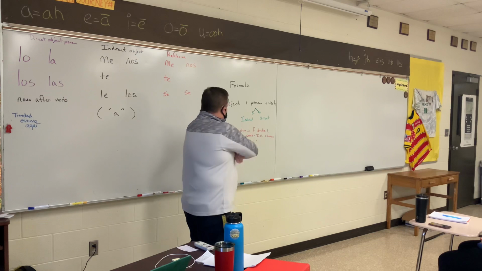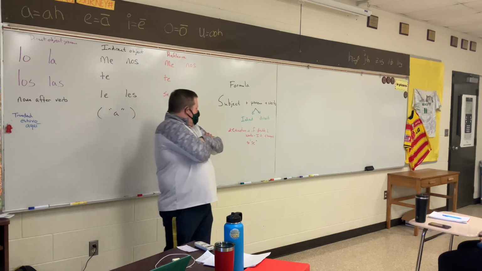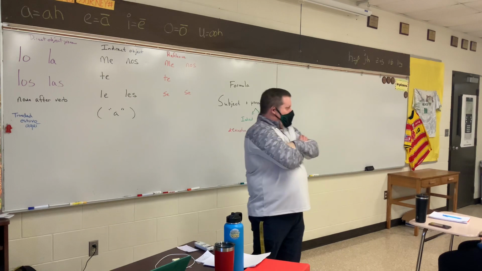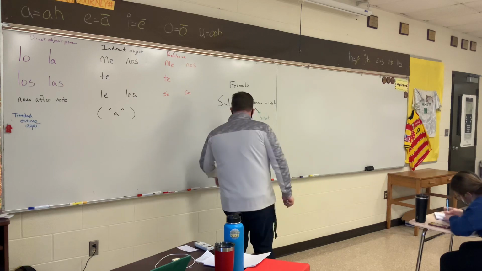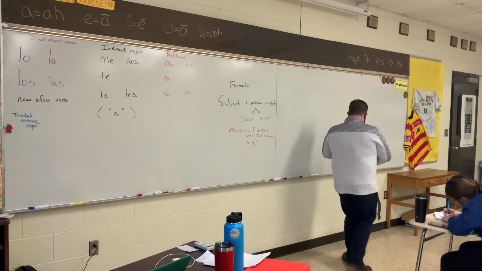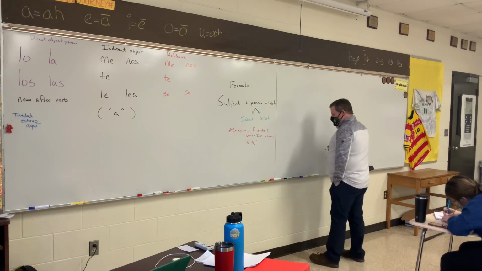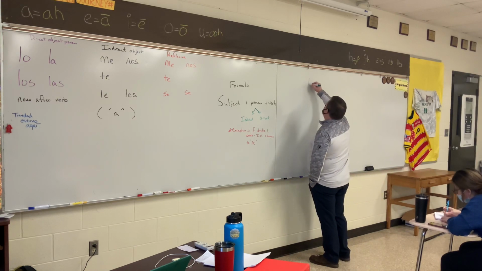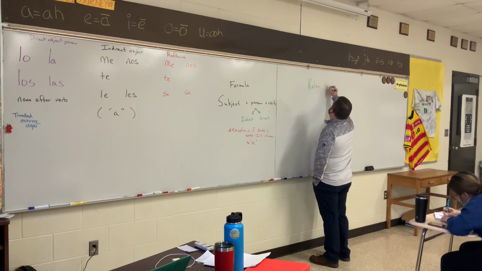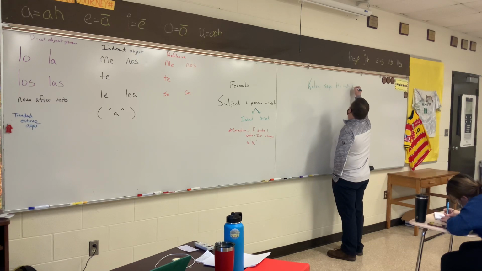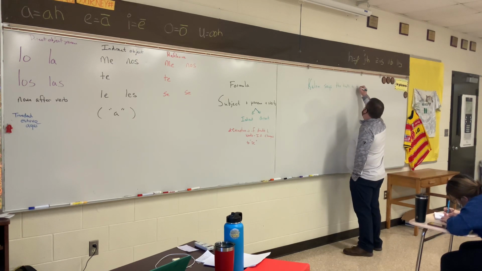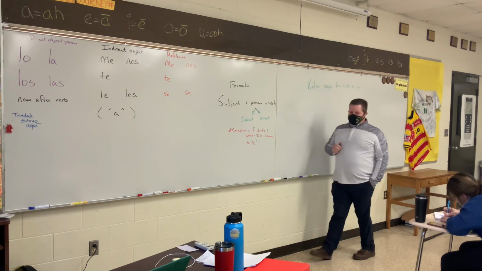Here's an exception. If double L words, the indirect object will change to se, because they don't like too many L's in a row. Calvin said the truth to him.